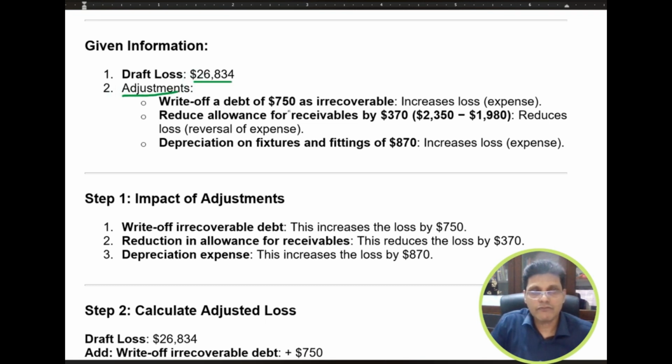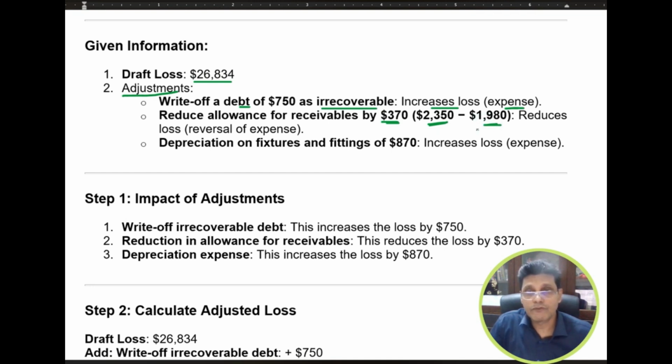Write off a debt of $750 as irrecoverable. When you write off a debt as irrecoverable, that will be an expense, so expenses will increase the loss. The second adjustment is to reduce the allowance for receivables by $370, because there was an opening balance of $2,350, however at the year end the allowance should be $1,980.